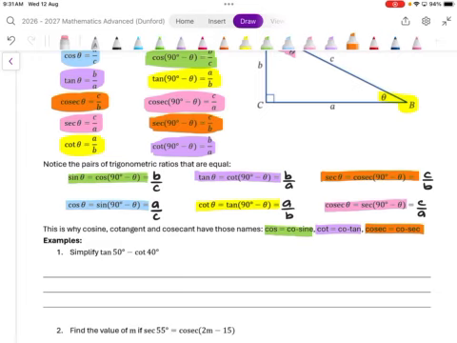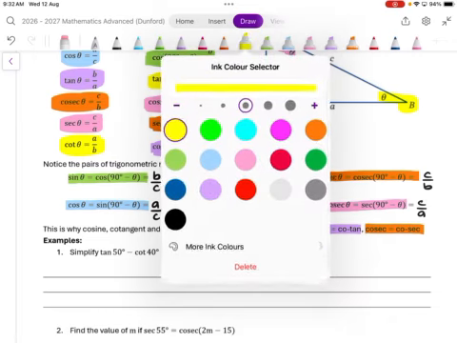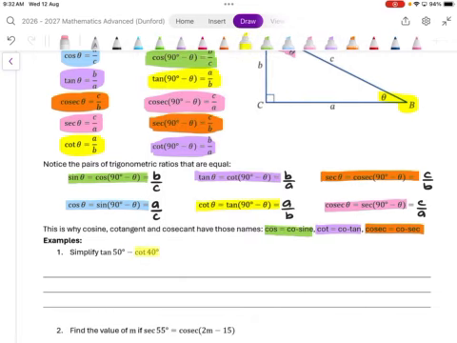So we need to choose, do we want to operate in terms of tan or in terms of cot? I'm going to pick that we're going to work in terms of tan. So what we have to do is use the fact that tan and cot are complementary. So we will be using that cot theta is equal to tan 90 minus theta.